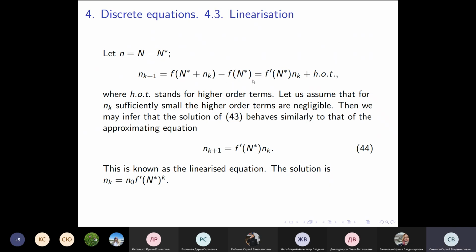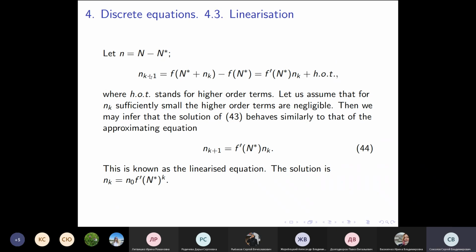Then, when we linearize the function f near the point n_est, we have the constant term f of n_est. So this one is f of n_est plus f prime at n_est multiplied by n small_k plus high order terms.